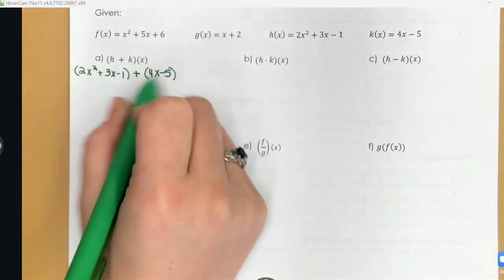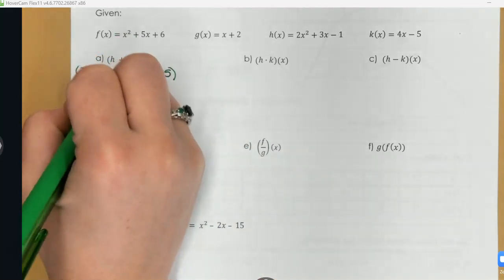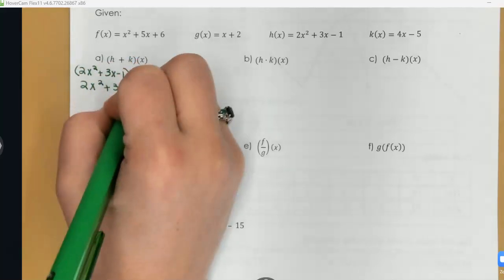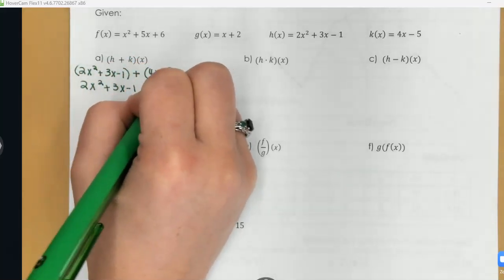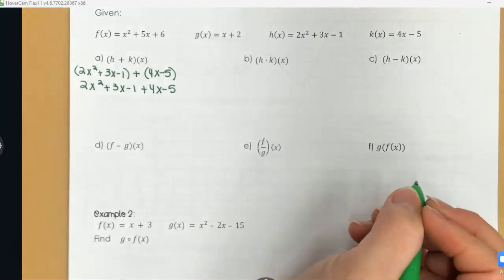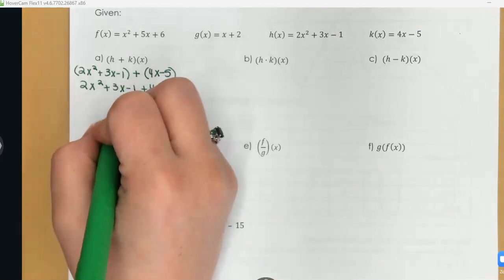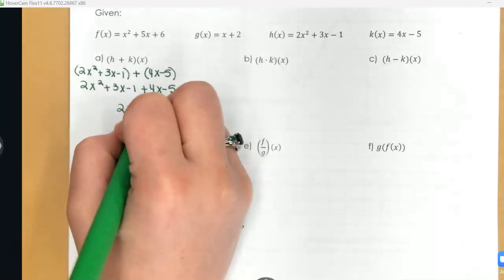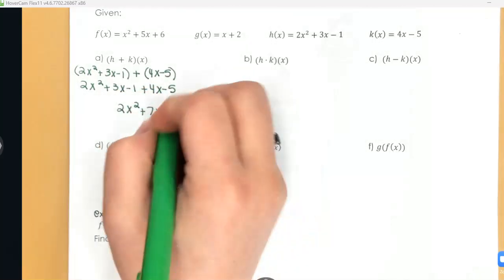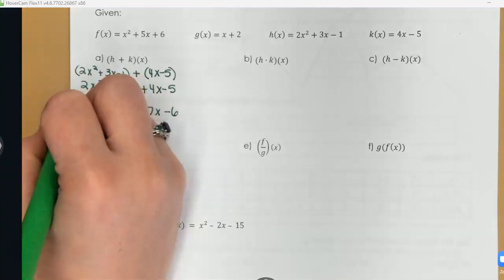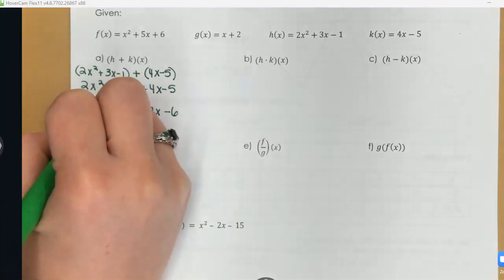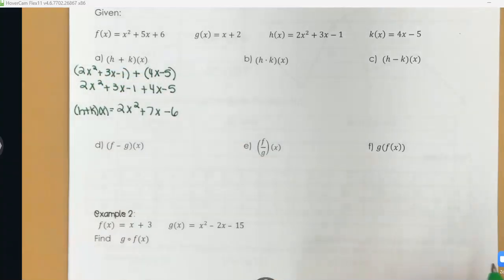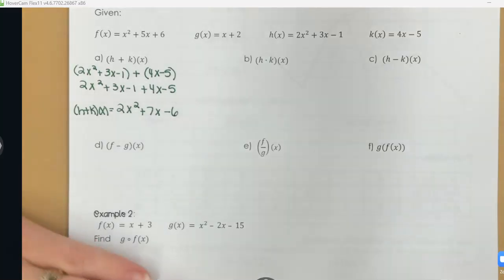Now, there's nothing to distribute here, so everything is going to keep the sign that it currently has, and I'm just going to combine any like terms that I possibly can. There's no other squared term. 3x plus 4x gives me 7x, and negative 1 minus 5 is negative 6, so our h plus k of x is equal to 2x squared plus 7x minus 6.